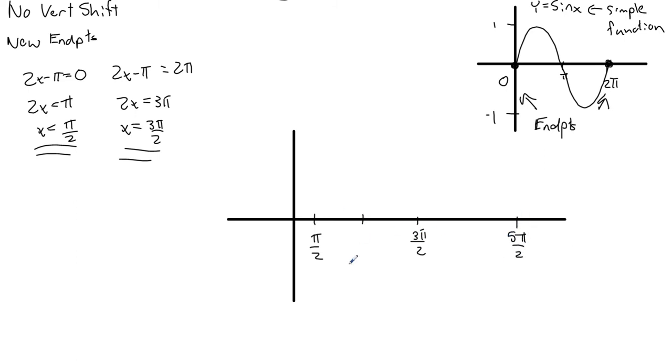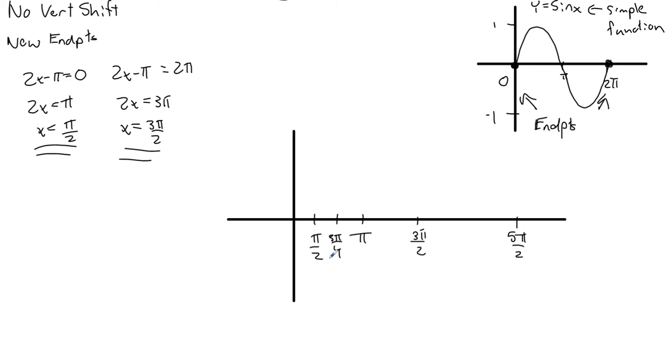Halfway between those two, finding the midpoint, I get 4 pi over 2 divided by 2, which would just be pi. And then halfway between that is 3 pi over 4. And again, you could add them and divide by 2.